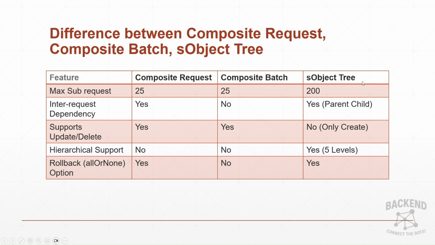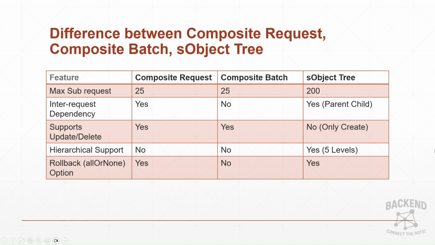Coming to the sObject tree, this is also a Salesforce composite request, but it supports 200 operations. The main difference is that it has hierarchical parent and child relationship support. If you want to create one object that is dependent on another object, you can do it with the object tree.